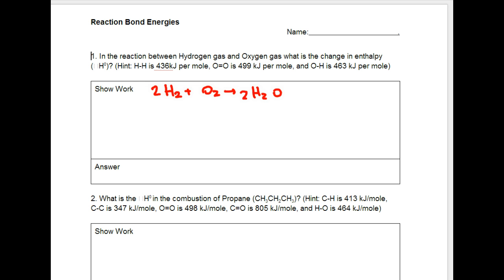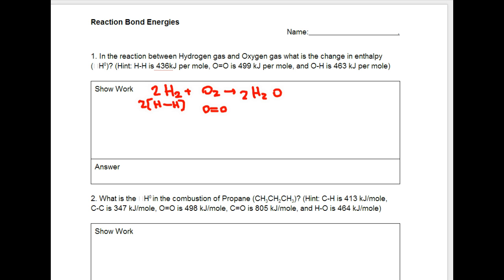And now that we know that that's the actual reaction, we need to see what the molecules look like. H2 is that, and there's two of them because of the coefficient, and oxygen looks like that.